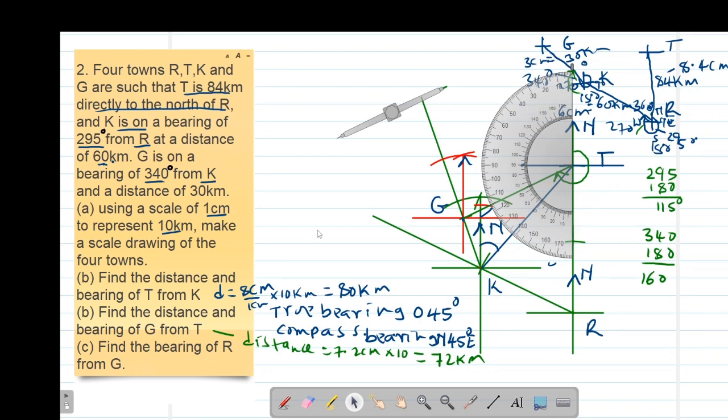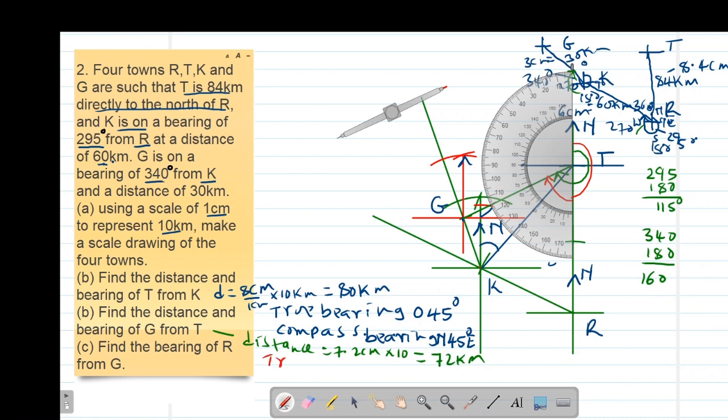This is the angle that I want, this angle here up to this point. If I use the inner scale, this angle is 65 degrees. Then remember we have 180 left here. So the angle will be 180 plus 65, you'll get 245 degrees.